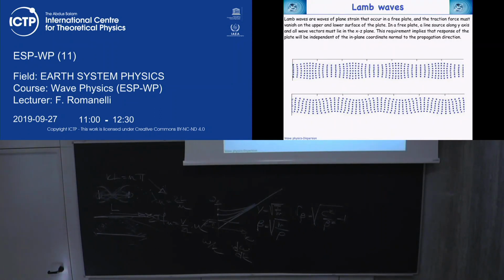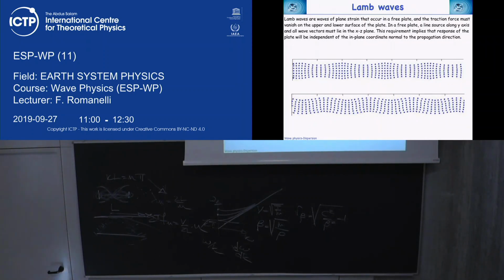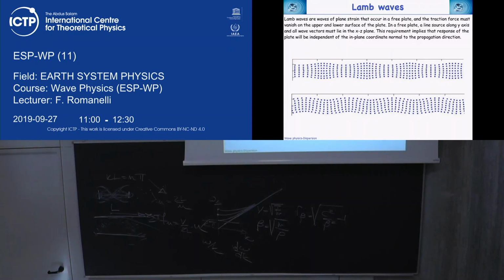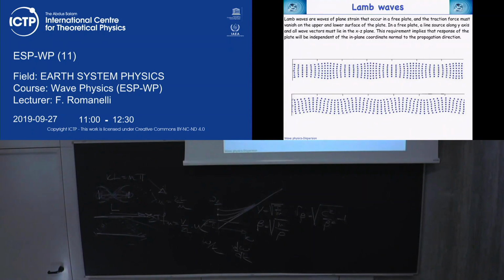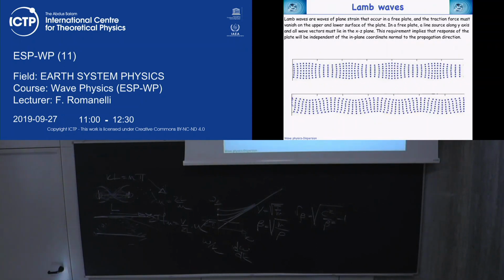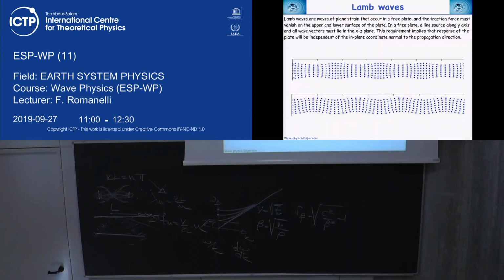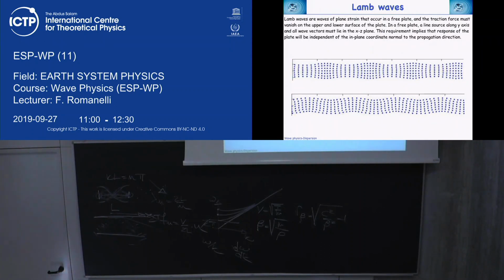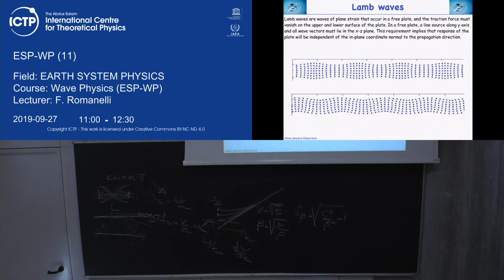And I'm lazy, but not totally crazy. We're not going to do this one because it's not useful for the Earth. Because we don't have a free surface and something going down, the P waves. But for SH, the plate is a very good model, the simplest good model that we can imagine.